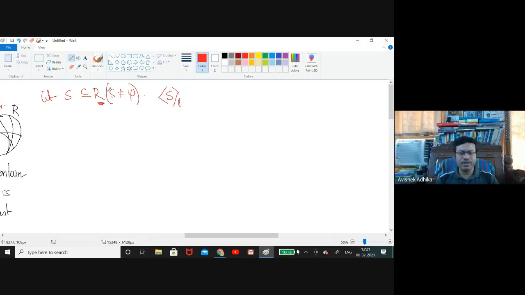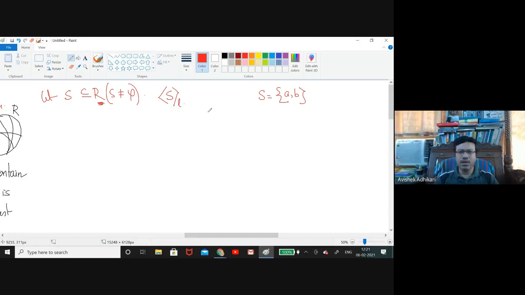We have not mentioned whether R contains an identity element or not. So R is any arbitrary ring and S is any non-empty subset of R. For the time being, let S consist of two elements, say A and B. That will help us in constructing the intuitive logic behind it.